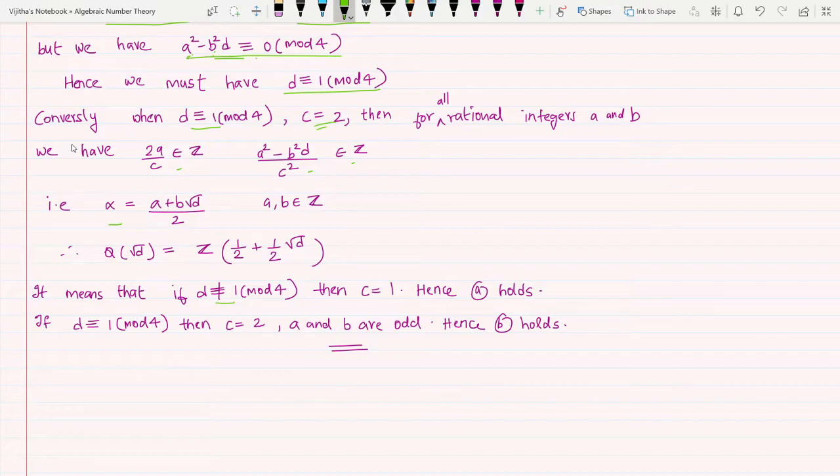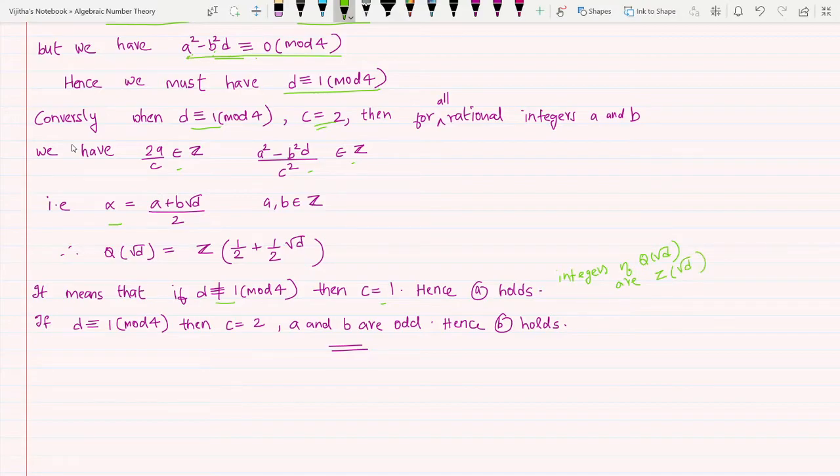So we see that if d is not congruent to 1 mod 4, then c equal to 1, and the integers of Q of root d are of the form Z of root d.